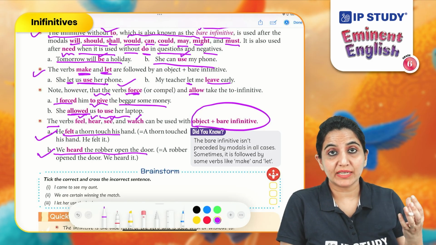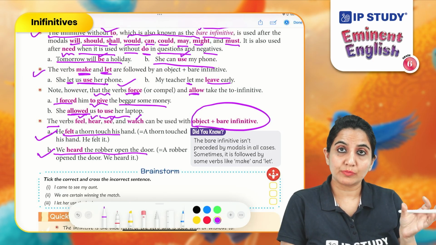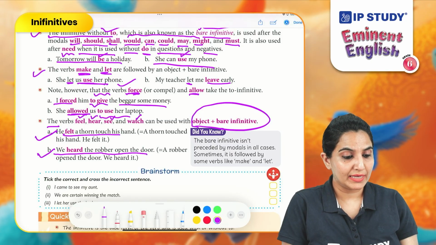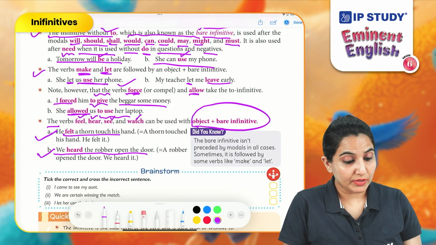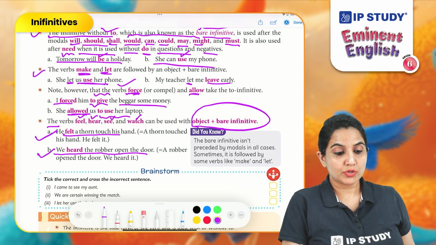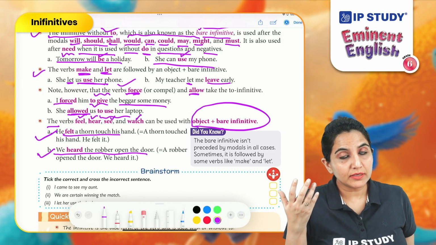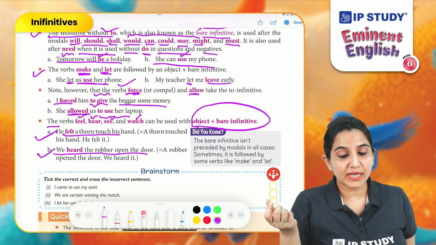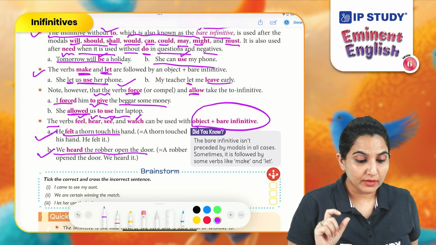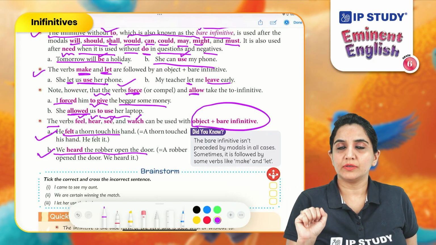That means a feeling. It requires an object with a bare infinitive. He felt a thorn touch his hand. We heard the robber open the door. So, heard here is a feeling. Again, this requires an object with a bare infinitive. He heard the robber open the door.